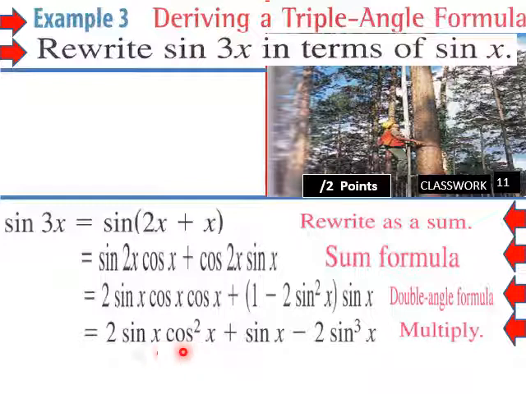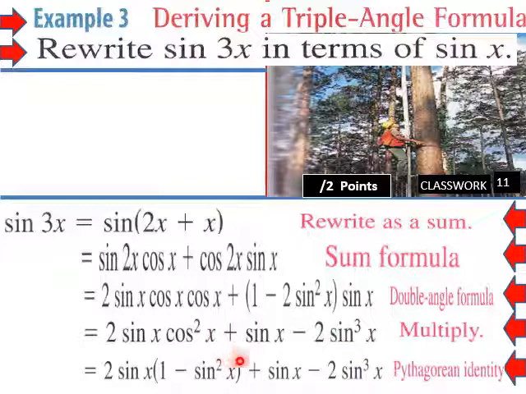And then when we multiply out, we get 2 sine x cosine squared x plus sine x minus 2 sine cubed x. So now we have a cube in there. So, Pythagorean identity: 2 sine x, and then we have 1 minus sine squared x, plus sine x minus 2 sine cubed x.